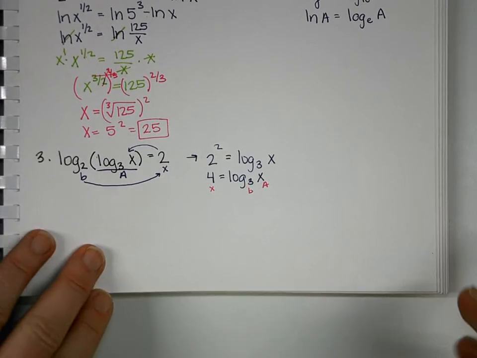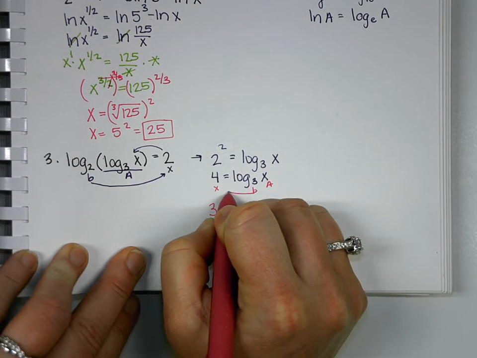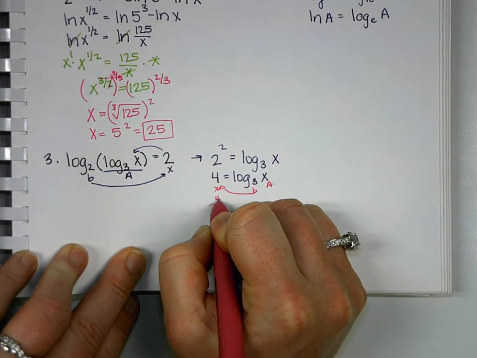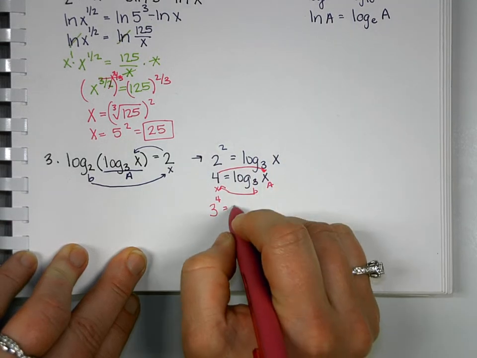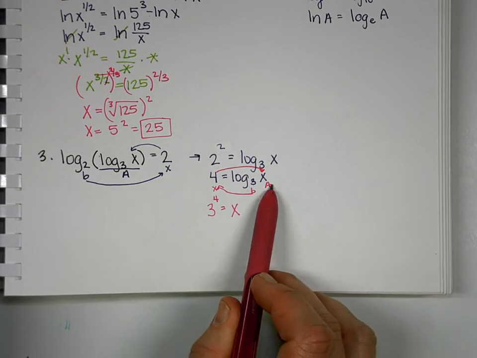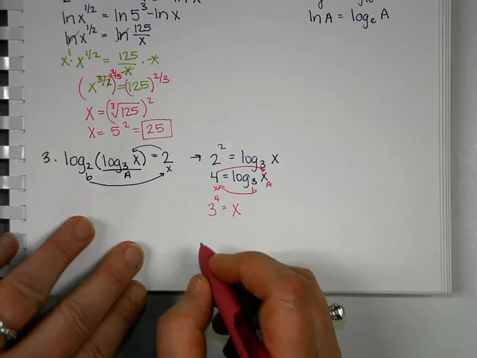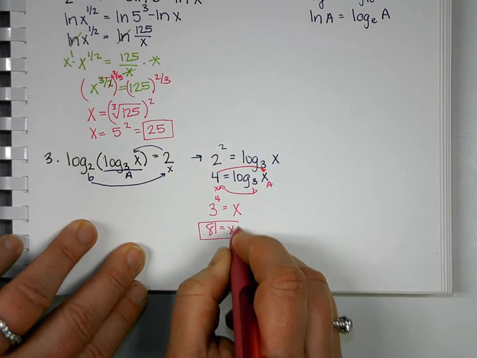So my base of 3 to the 4th power will equal x. So b to the x equals a. 3 to the 4th is 81. And we have our solution.